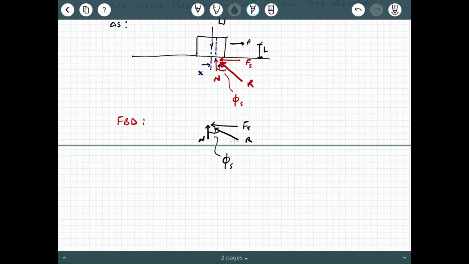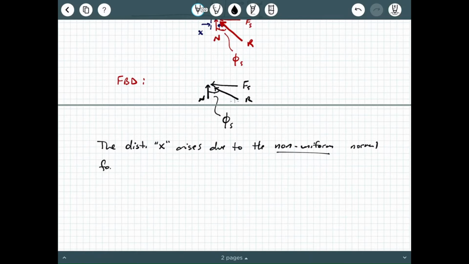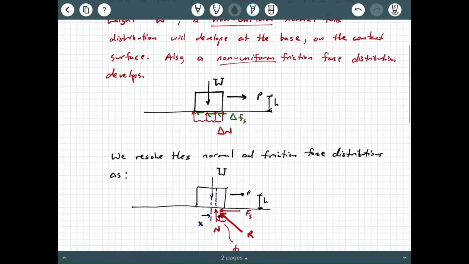Again, why is there a distance x here? We would sometimes ordinarily want to think that W and N are lying along the same line of action, but they're not. Why is that? Well, the distance x arises due to the non-uniform normal force distribution.